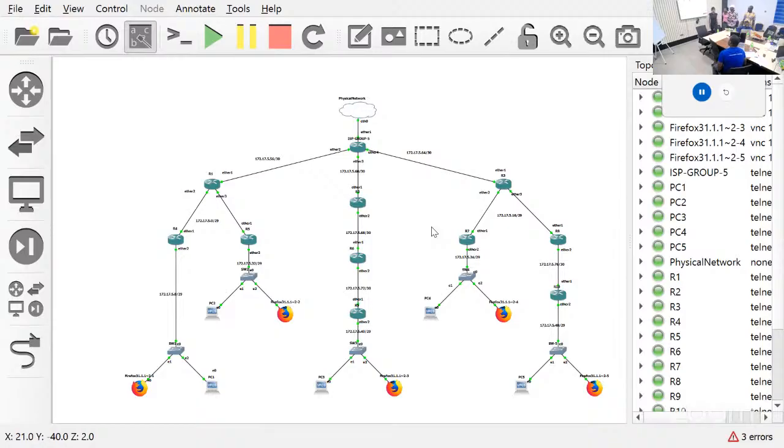I think my colleague can take over. Okay, so if you check this topology very well, you notice that we have a total of 1, 2, 3, 4, 5, 6, 7, 8, 9, 10, 11 different networks, right?